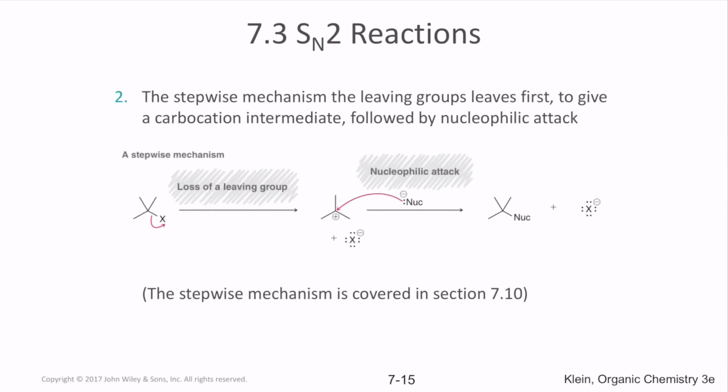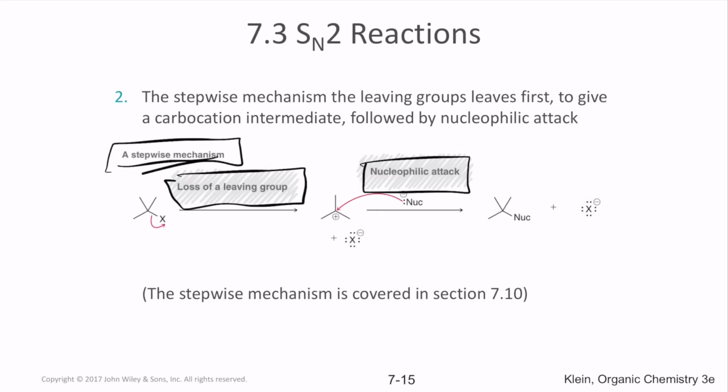If it takes two steps, for example, first it loses the leaving group and second it undergoes a nucleophilic attack, we call that a stepwise mechanism. In a stepwise mechanism, you actually have an intermediate that is formed, and it is the carbocation intermediate. This carbocation intermediate then undergoes a nucleophilic attack. So this mechanism is called a stepwise mechanism.